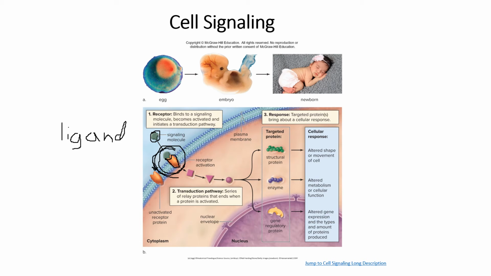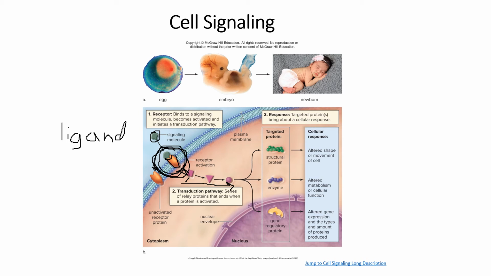Anyway, when our ligand binds to our receptor, some magic happens, and you get a transduction pathway. This is the telephone part, or it's a continuation of the telephone part.